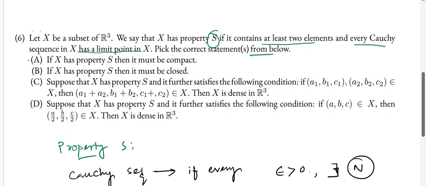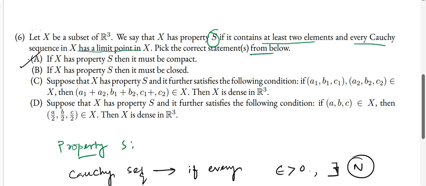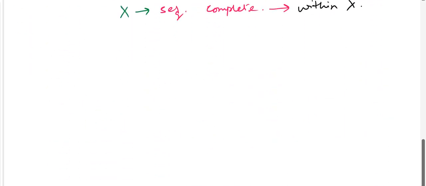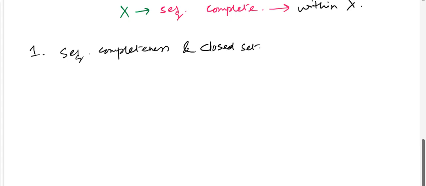Now we can analyze option B. If X has property S, then it must be closed. So how to analyze it? Sequential completeness and closed sets.